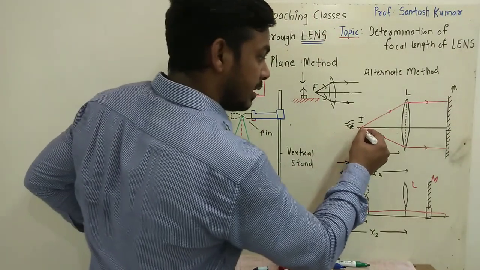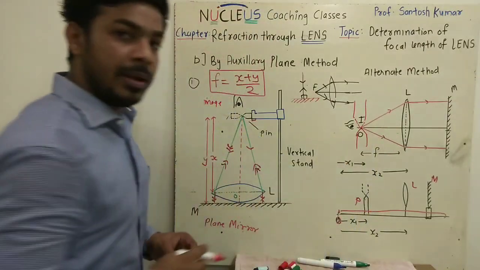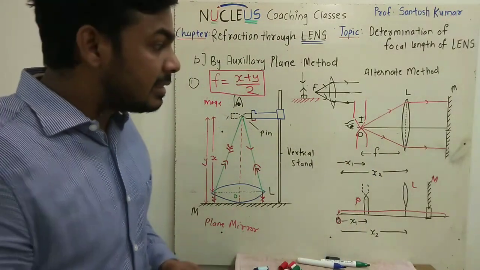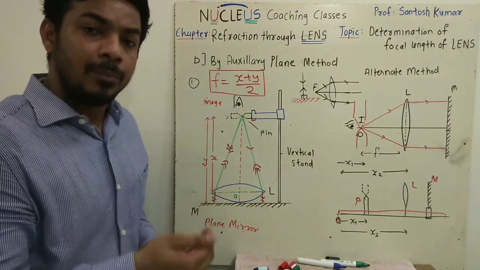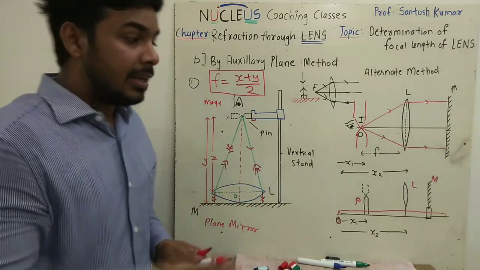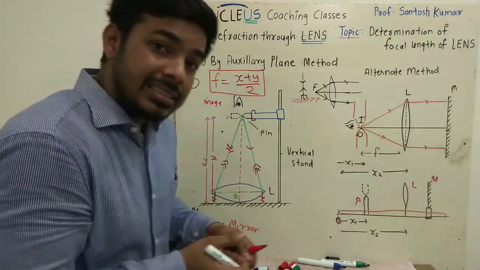So if this is the pin and this is the image of the pin, you can clearly see that the object and the image lie at the same point, or they coincide. Then definitely the rays from the object are retracing back.